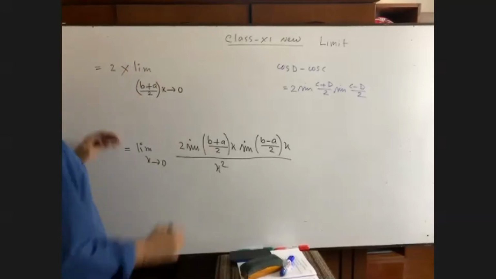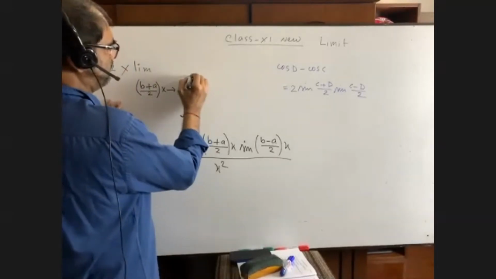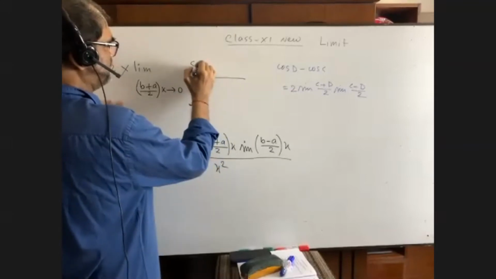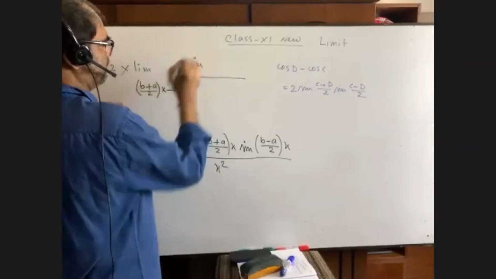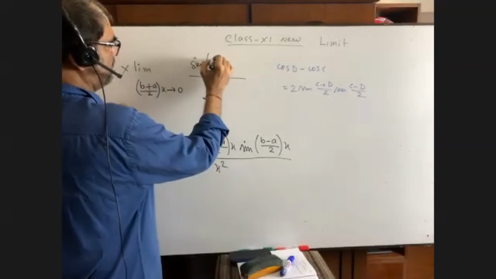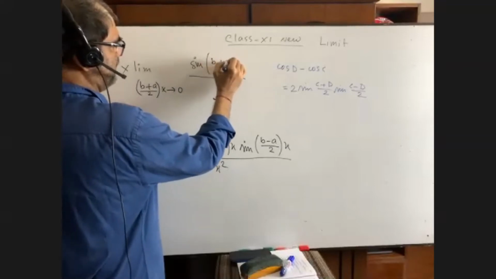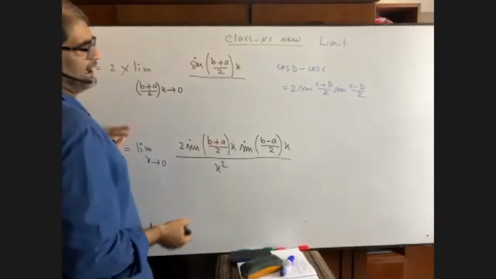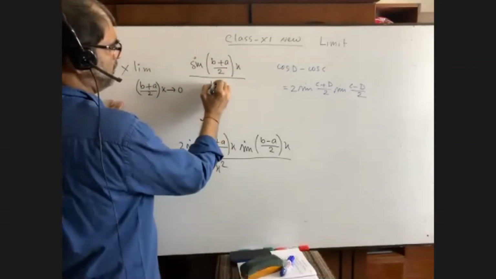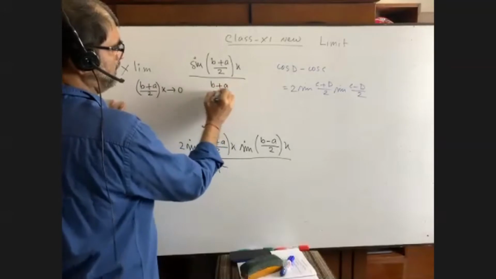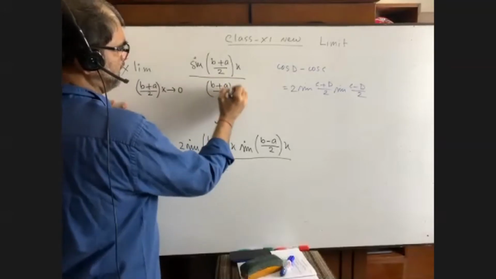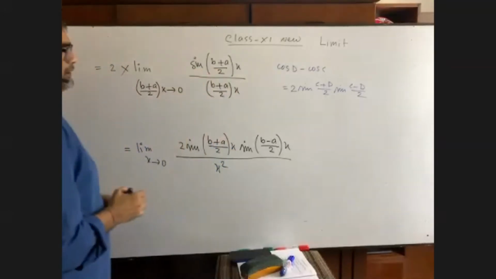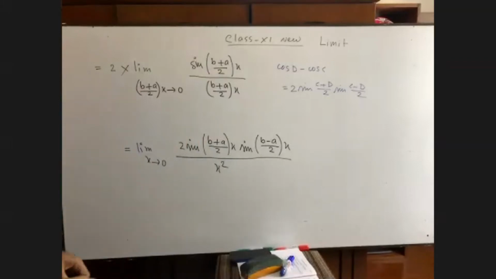So we can write sine theta by theta. What is theta? (b plus a) x by 2. This is sine theta by theta. You see what I have written, sine theta by theta.